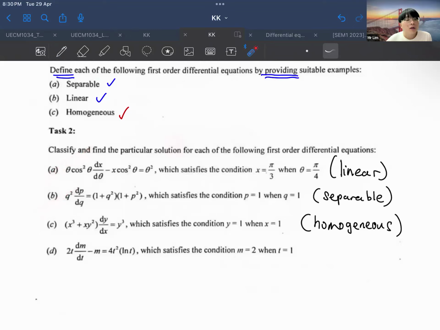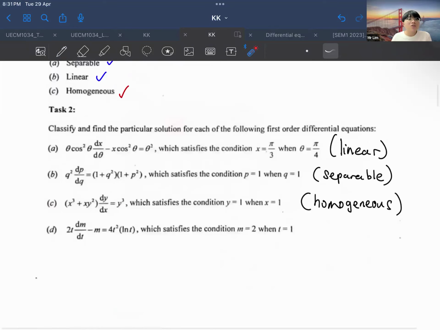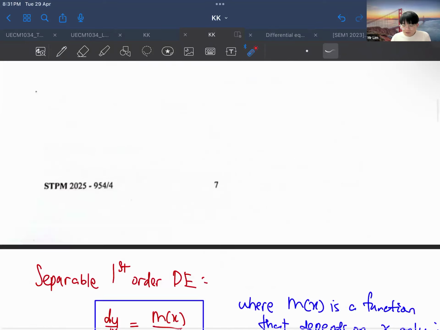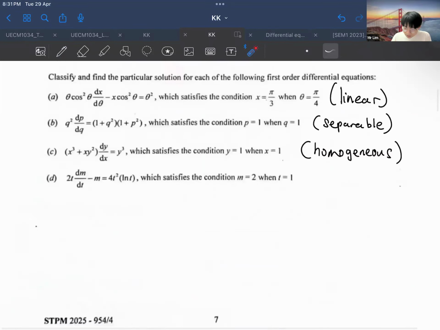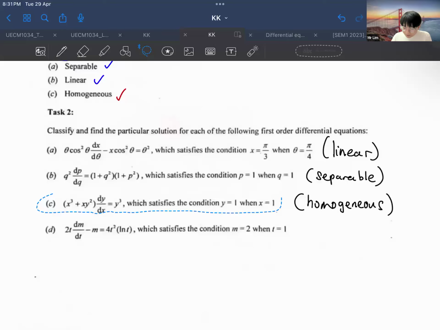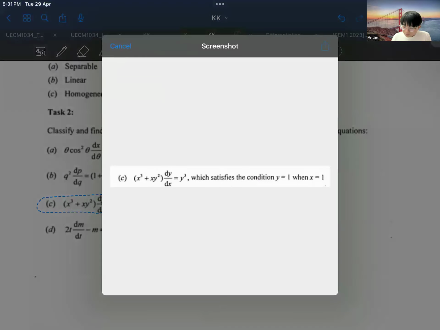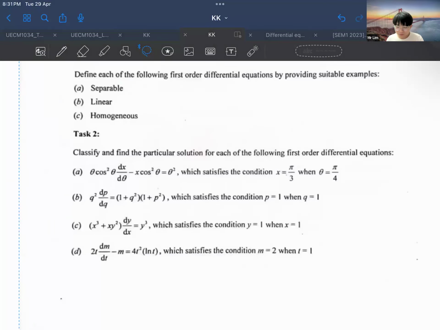I don't think we need to, because I think it's not very difficult. So for this task 2, I'm just going to look at one example, which is task 2C only. Apart from that, maybe later we can look at some simple task 3 example. So I'm going to look at C.